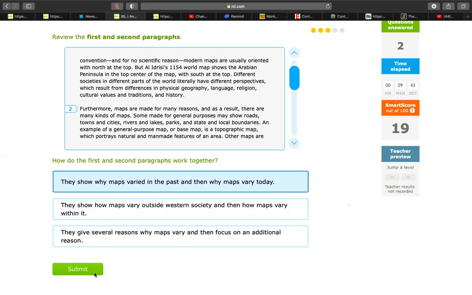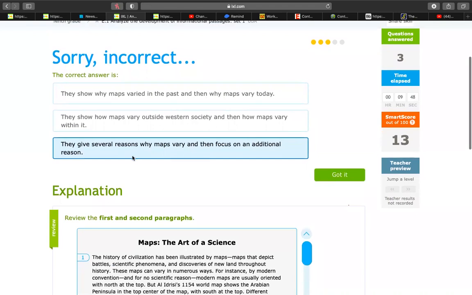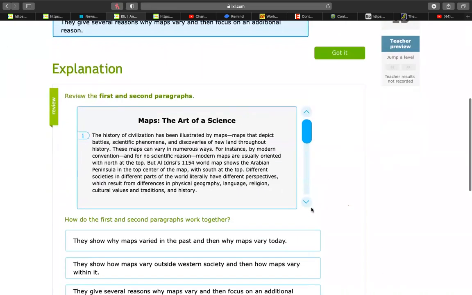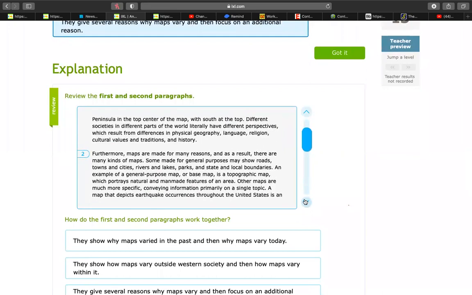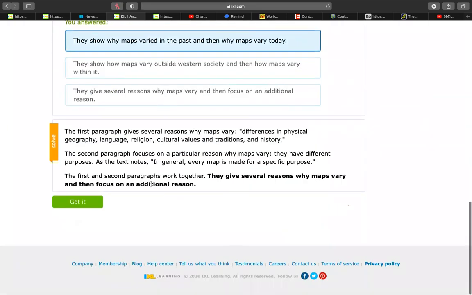Let's see. Yeah. No, I was thinking the second one. Yeah, I should have gone with my gut. Oh, I thought it was the first. So several reasons why maps vary, and the focus is an additional reason. Well, wow. See, we need some work here. Yeah, that's the original one that I thought it was going to be. I knew it wasn't Western instead of civilization.